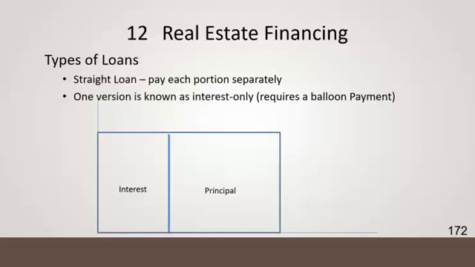So, for instance, in this example, all of the interest would be paid first. Whatever your payment is, let's make up a number, $750 a month, all $750 would go towards the interest. You would pay off all the interest that you accumulate first. Then, after some time period, all the $750 would go to pay the principal at the end.